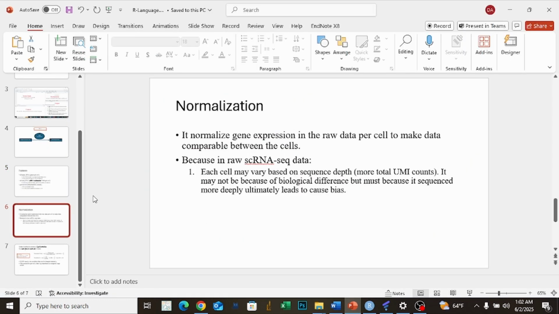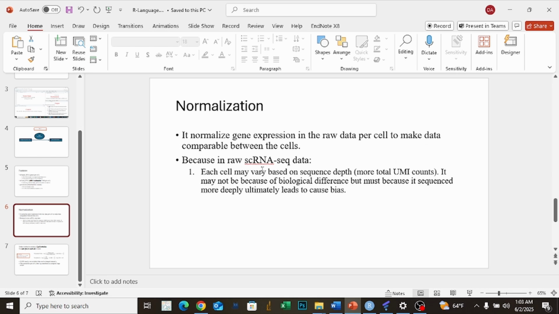Now the second step is normalization. What is normalization, and why is it important? If we do not run normalization, raw gene expression per cell might vary between cells. If gene expression varies between cells, we cannot compare the cells. For comparison, it should be equal.